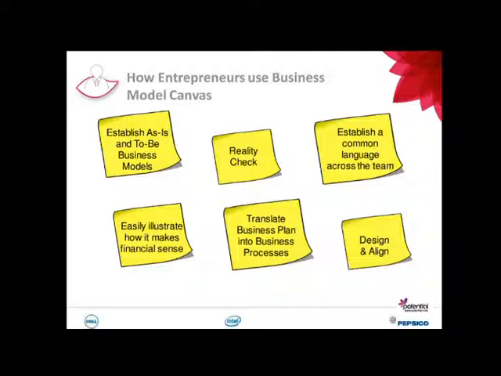And the translation of that business plan into business processes is actually more hands-on, more real, okay? And they help you determine how you can actually turn that business plan into a successful business model. And finally, design and align, because the business model canvas would allow you to design your product, or let's say your prototype, and then align or adapt according to the changes that are required.